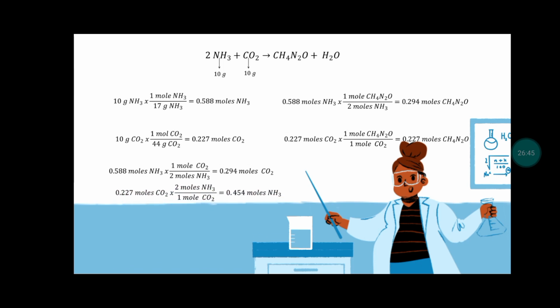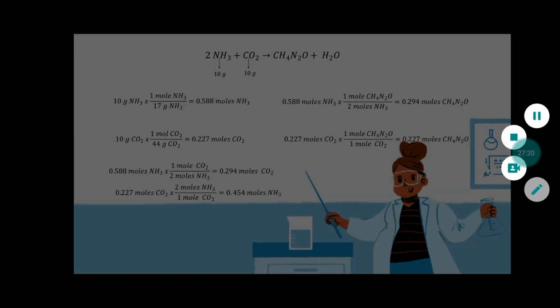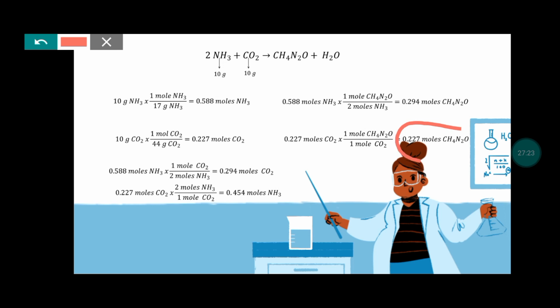Ayan din. We can also see how much of the other reactant each could react with. So kapag nag-react yung 0.588 moles ng ammonia with the carbon dioxide, we can calculate 0.294 moles of carbon dioxide, which we don't have kasi 'di ba ang mole lang ng carbon dioxide na na-calculate natin is 0.227.